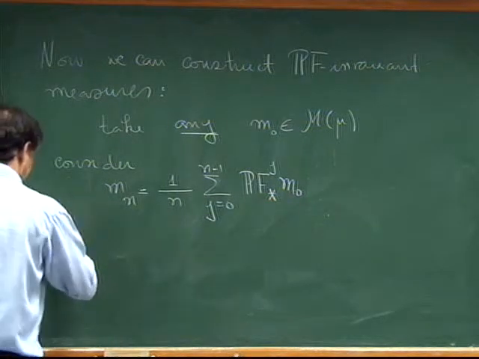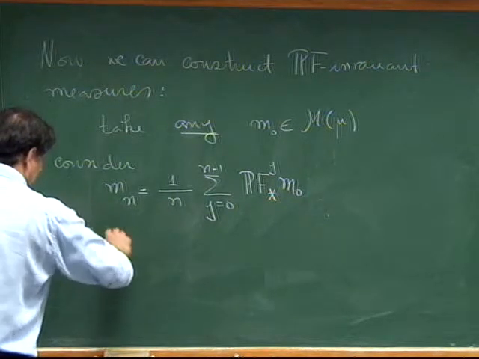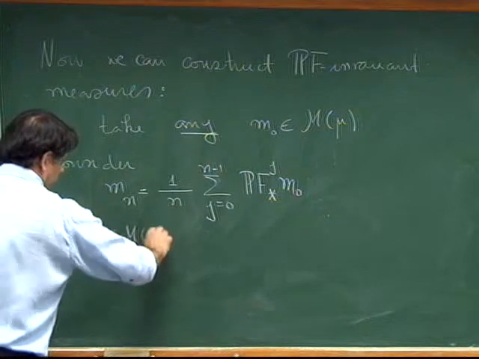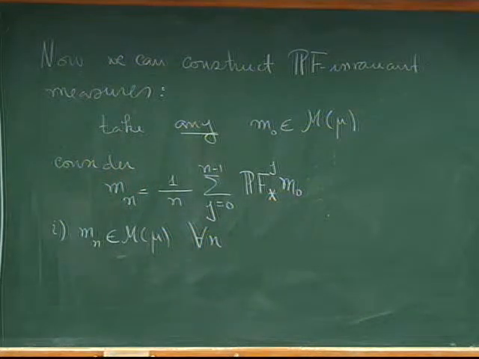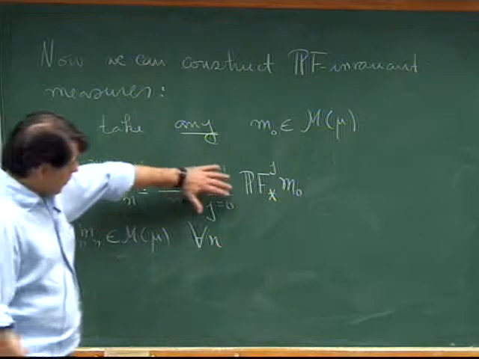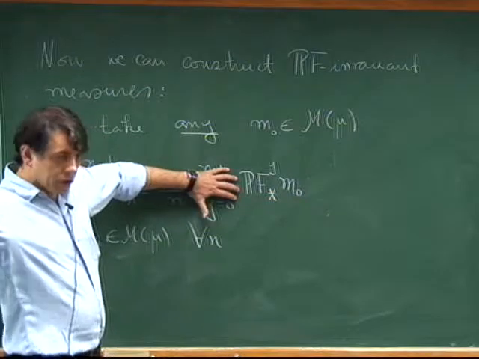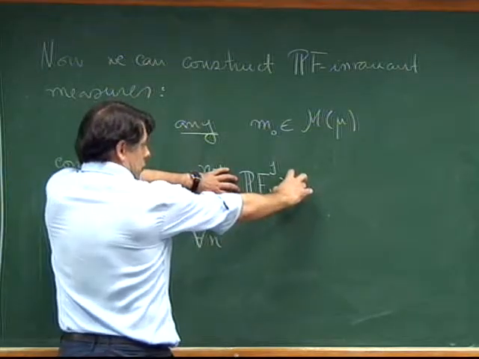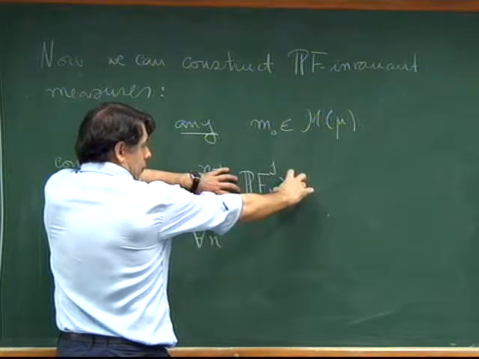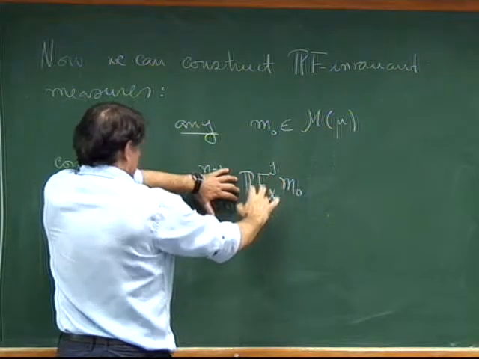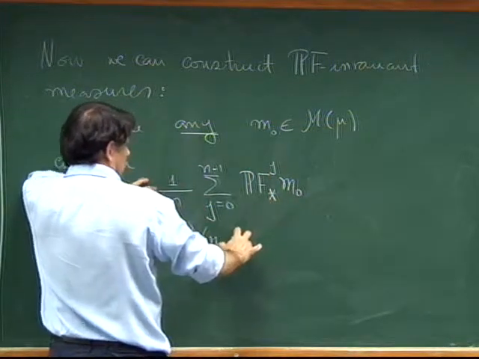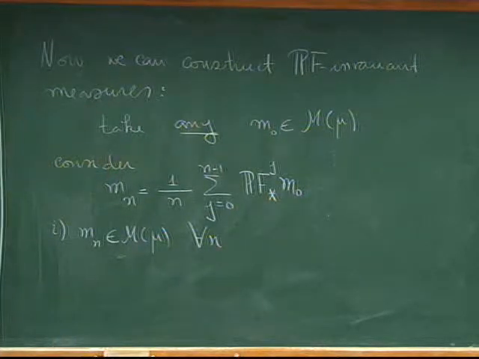First of all, mn projects down to mu for all n. Why is that? Because by lemma 1, if you take a measure that is in m of mu, all the iterates are also in m of mu, and then if you take the average, that remains in m of mu. It's basically by lemma 1.